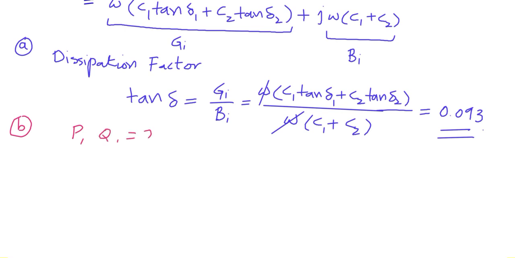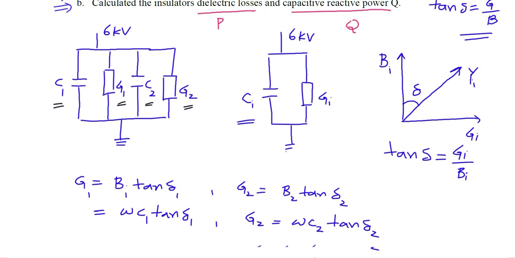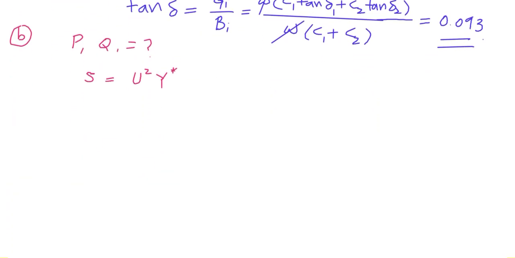As we discussed in the theory, the complex power dissipated across the insulator is equal to U squared multiplied by Y conjugate. And U is given as 6 kilovolt in the given statement.